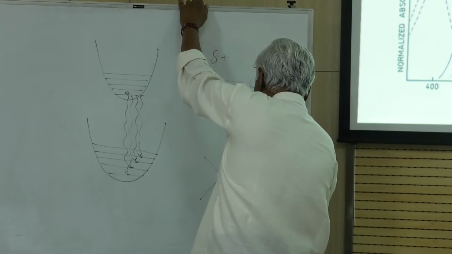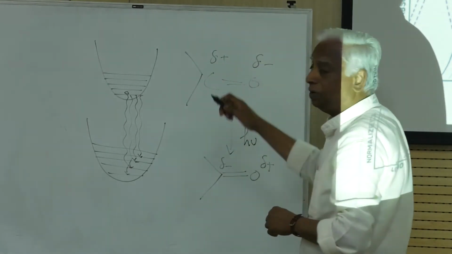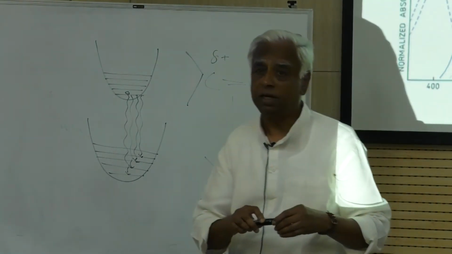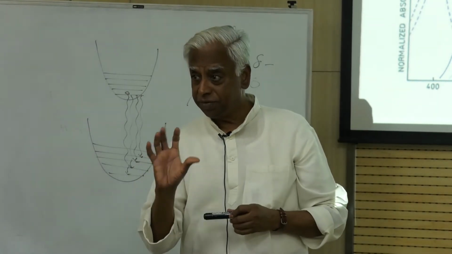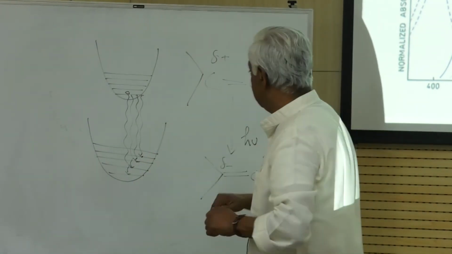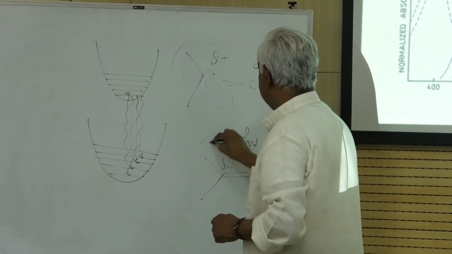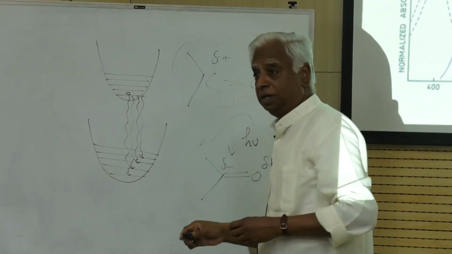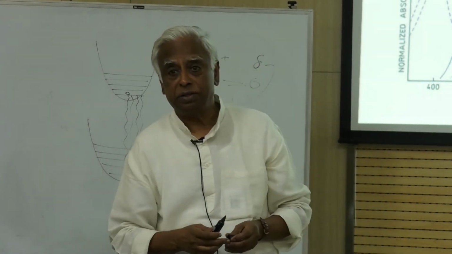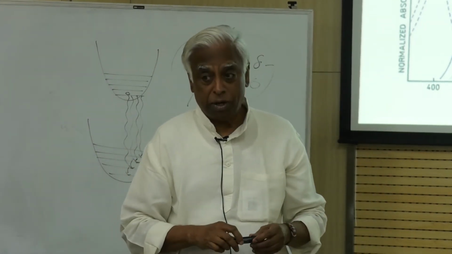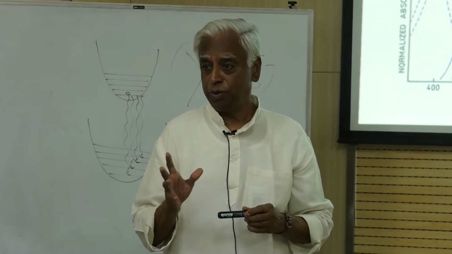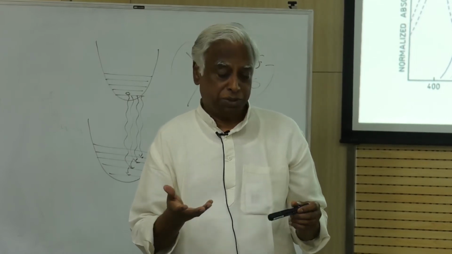It will become more negative on the carbon, it could shift completely. When it does shift completely, the solvent surrounding this molecule has to readjust itself and change its solvation. So you can monitor how long it takes.